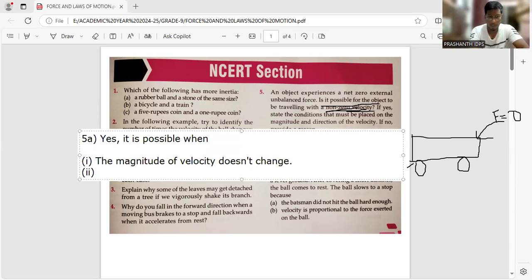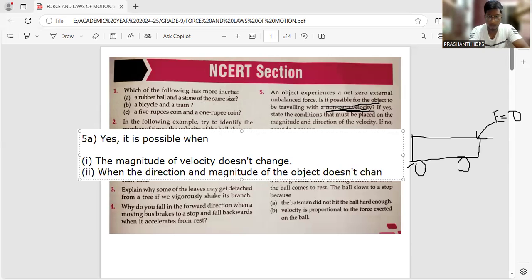Another one is when the direction and magnitude of the velocity of the object does not change.